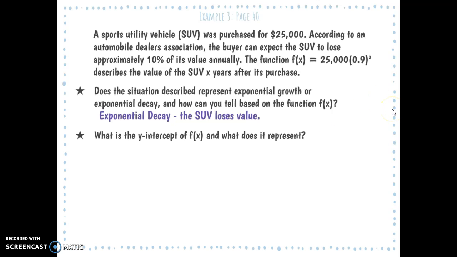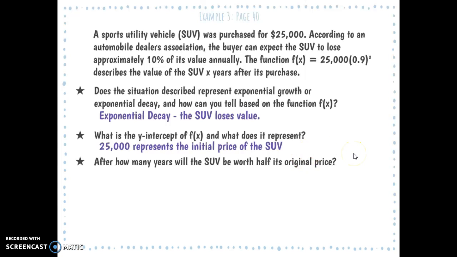The next question we're asked is, what is the y-intercept of f of x and what does it represent? The y-intercept represents the initial price of the SUV, and looking at both our equation and the word problem portion, we are told that $25,000 is our initial value of the SUV.